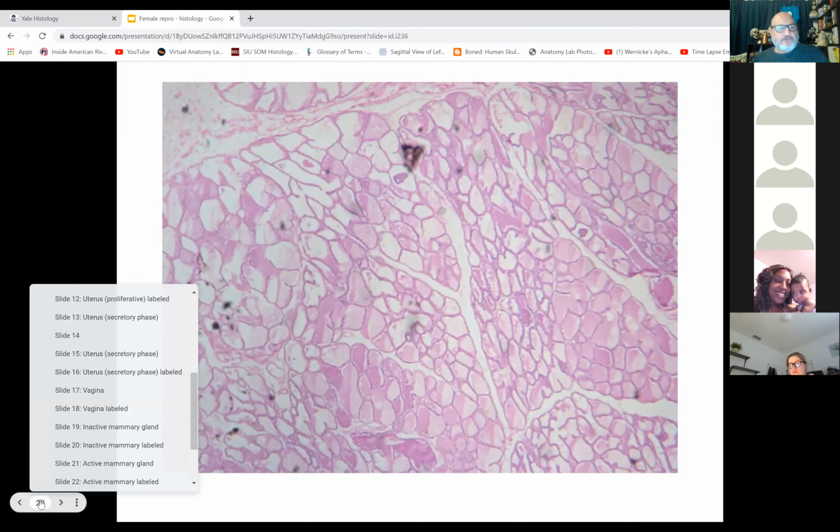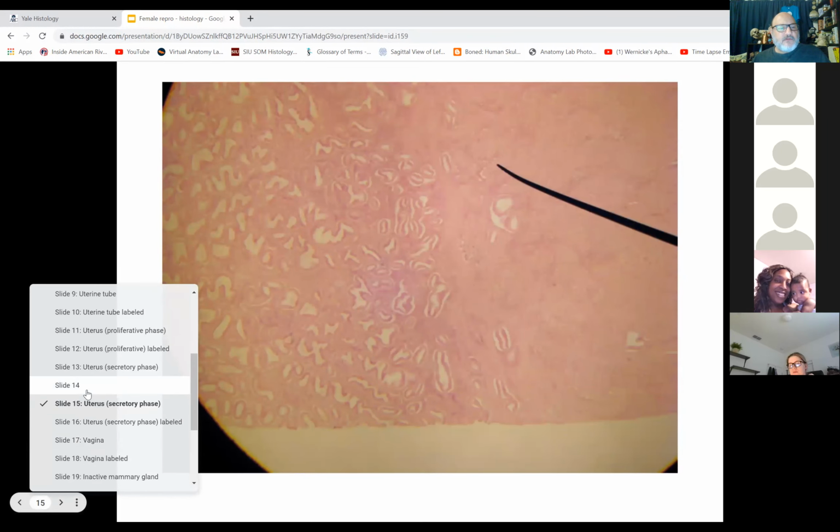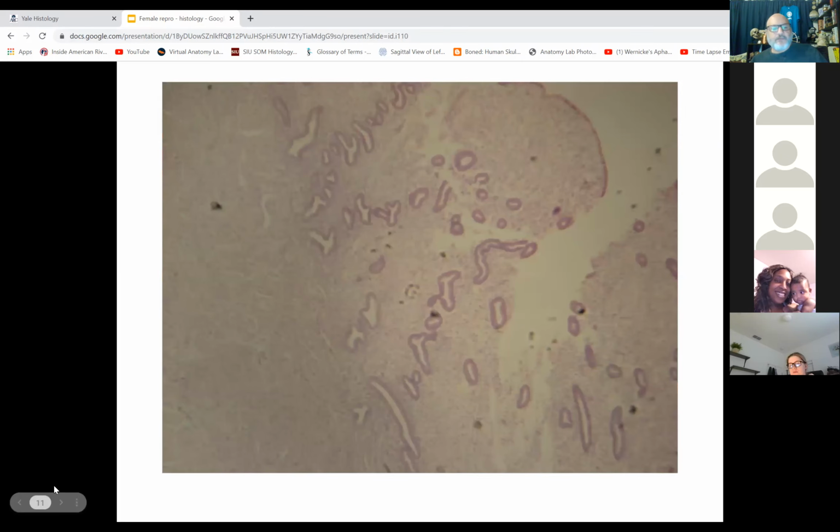Histology of the uterus. Okay, let's see what we got. I haven't looked at it, but let's see if it's any good here. Uterus.